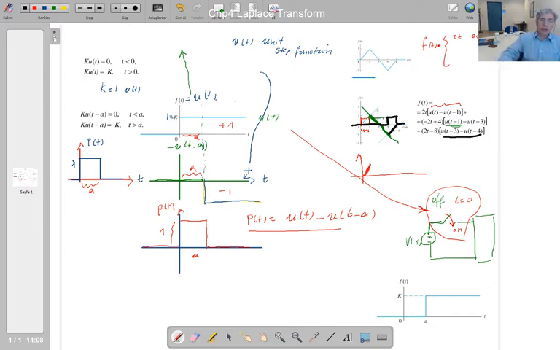Conclusion is this: by using these pulse functions, the difference of unit functions, you get the pulse function. By multiplying the different pulse functions for different intervals, I can write a formula for a given function.